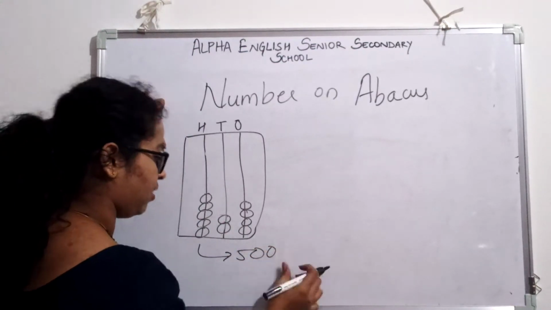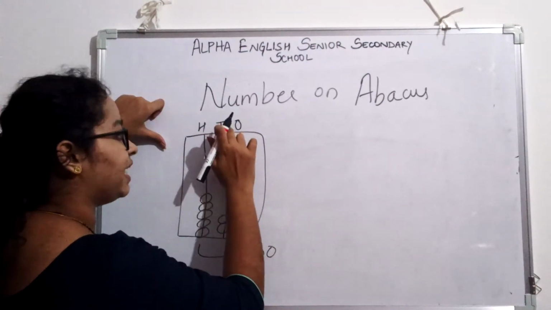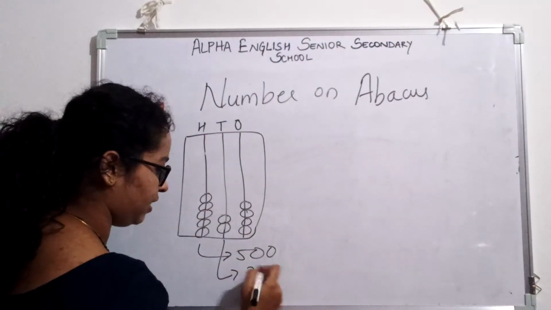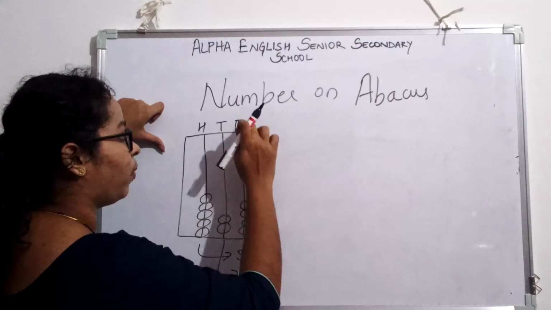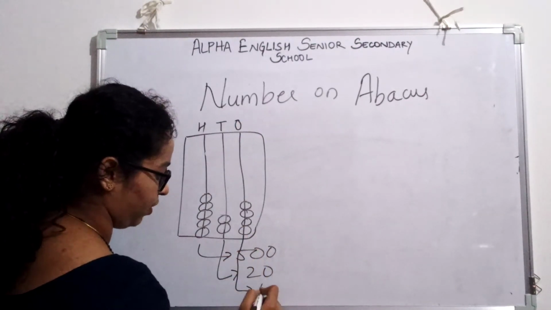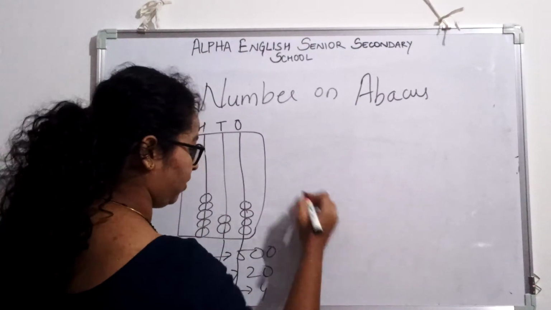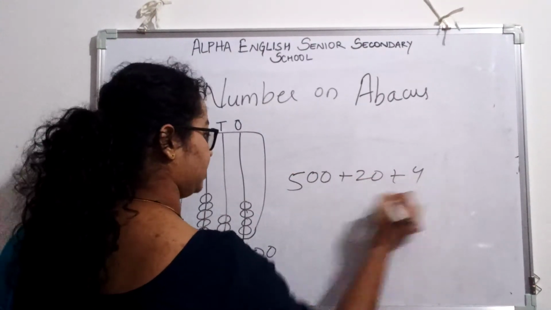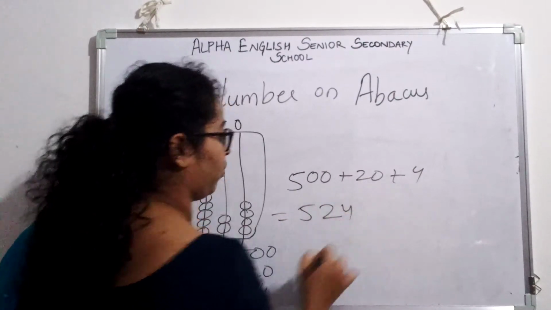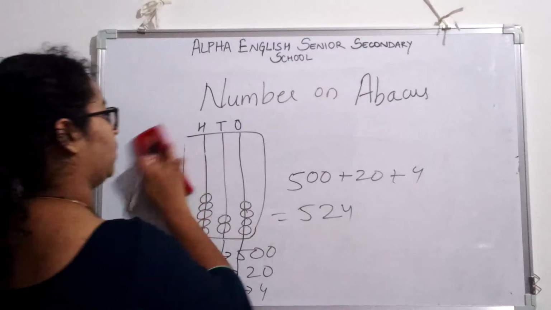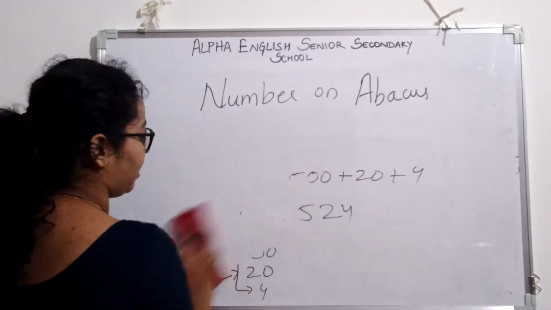How many beads does the tens string have? 2, that means 20. And how many beads does the ones string have? 4, that means 4. So the number will be 500 plus 20 plus 4, that is 524. Got it? Let's take a last example.